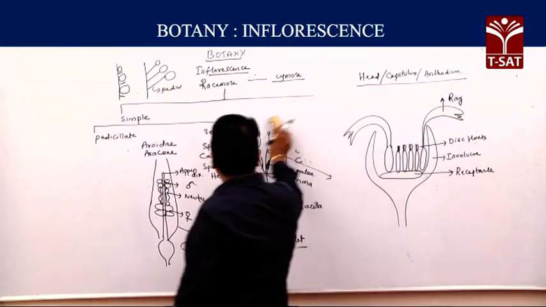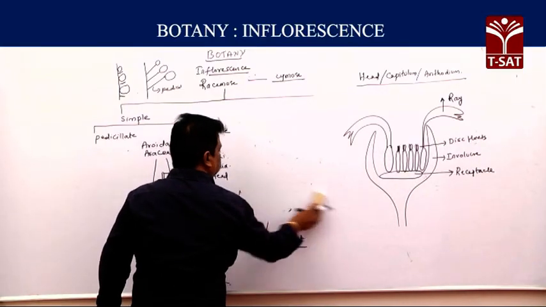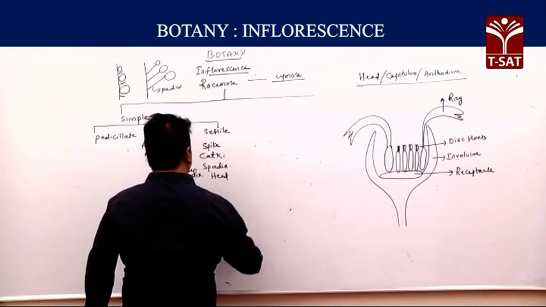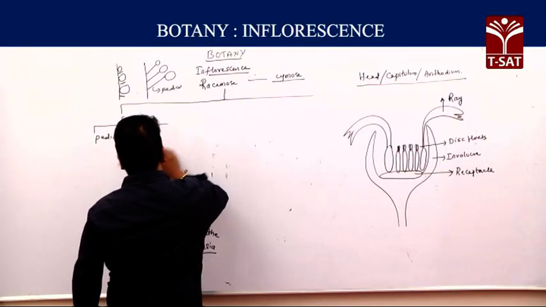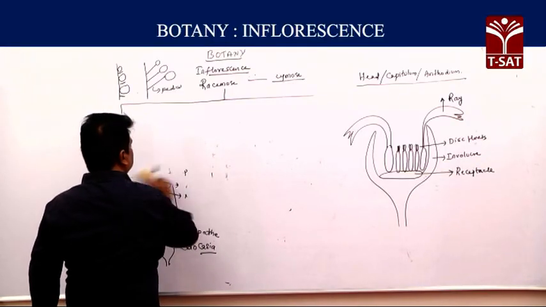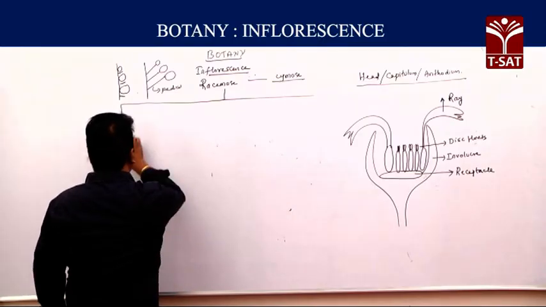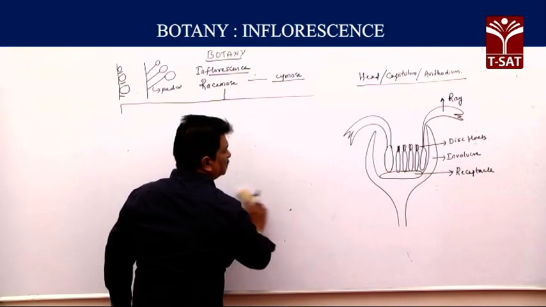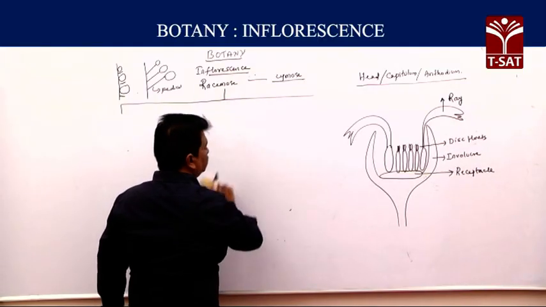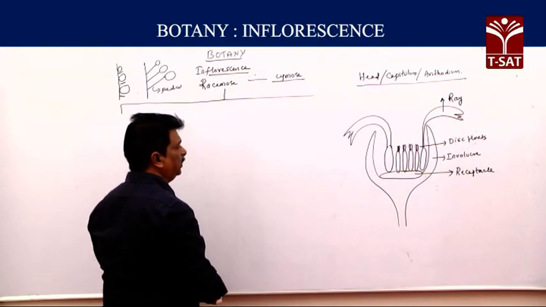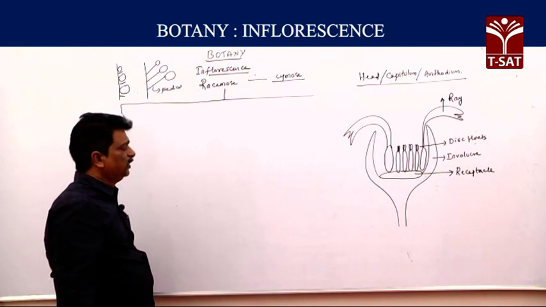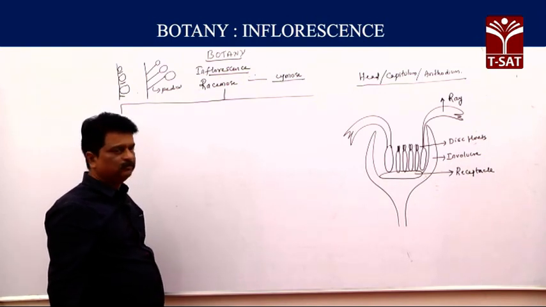So, in head inflorescence, flowers are reduced. Such reduced flowers are called florets. All these florets are sessile, pedicel is absent, and the opening of flowers or florets is centripetal.